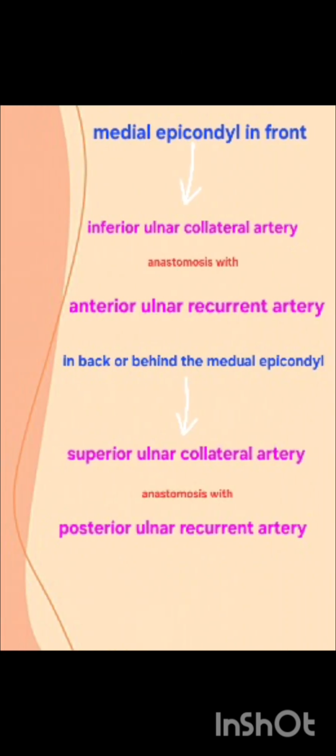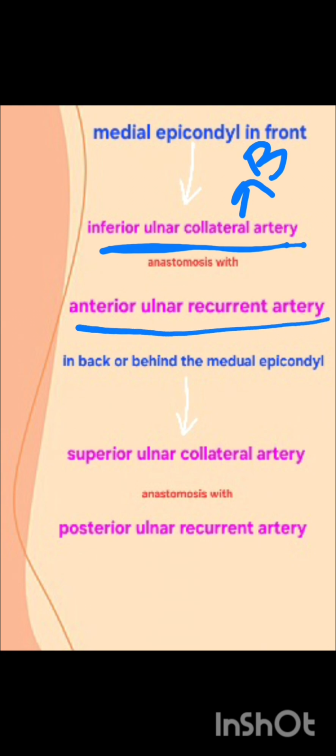So in medial epicondyle, in front, inferior ulnar collateral artery. So inferior ulnar collateral artery is a branch from the brachial artery. So from brachial artery, inferior ulnar collateral artery anastomoses with the anterior ulnar recurrent artery.